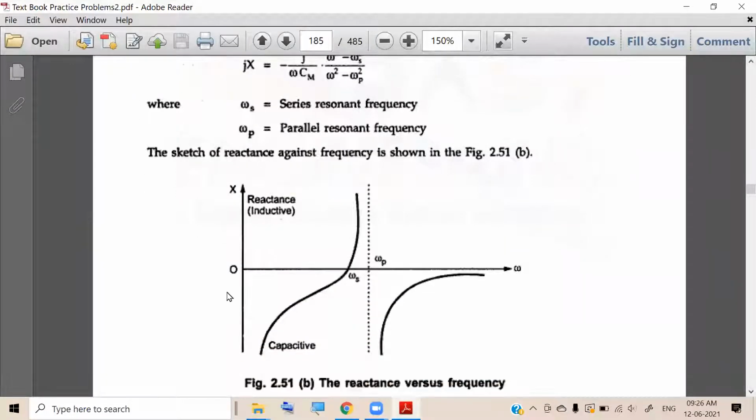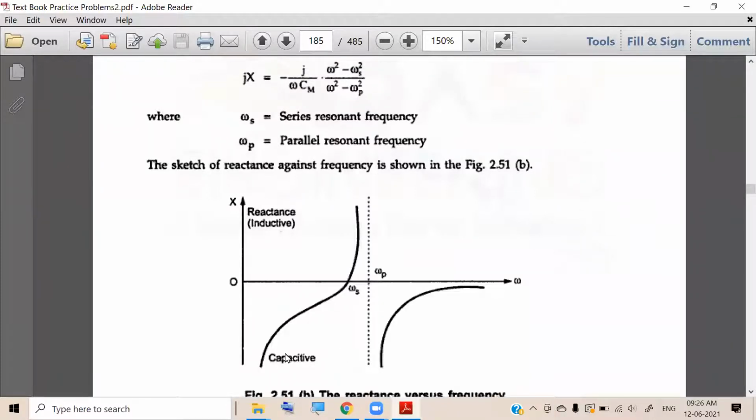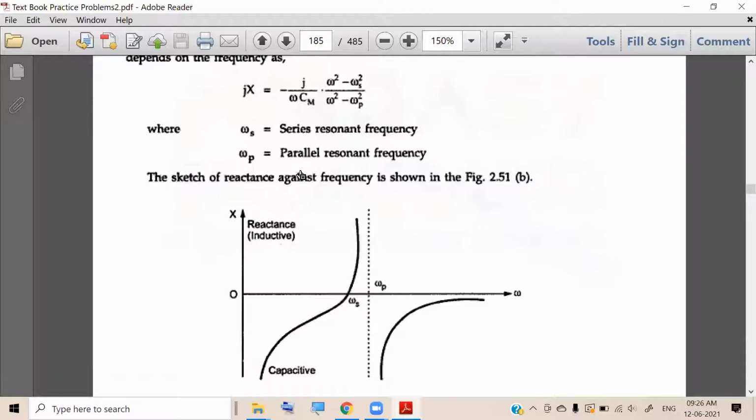As we gradually increase the frequency, what happens here? We have seen that when omega tends to 0, this is minus infinity. So graph starts from minus infinity. When omega is equal to omega s, it becomes 0.